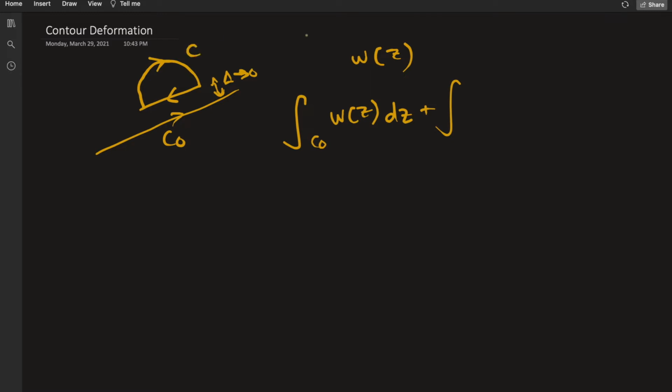So if you say this is C, and that is equal to, now what happens when you do stuff like this is you get this, and since there's literally zero gap between them, the contribution of this guy was in this right hand direction, this was a left hand direction, literally along the same path, integrating the same function.